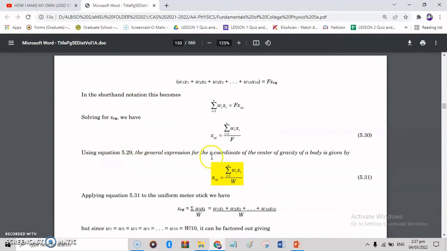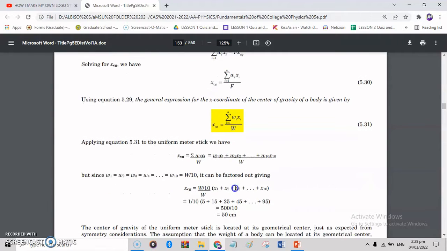The general expression for the coordinate of the center of gravity of a given body is given by this: X center of gravity, the distance where the center of gravity is, is equal to the summation of all the weights and their distances, this is a torque, all over the total weight.